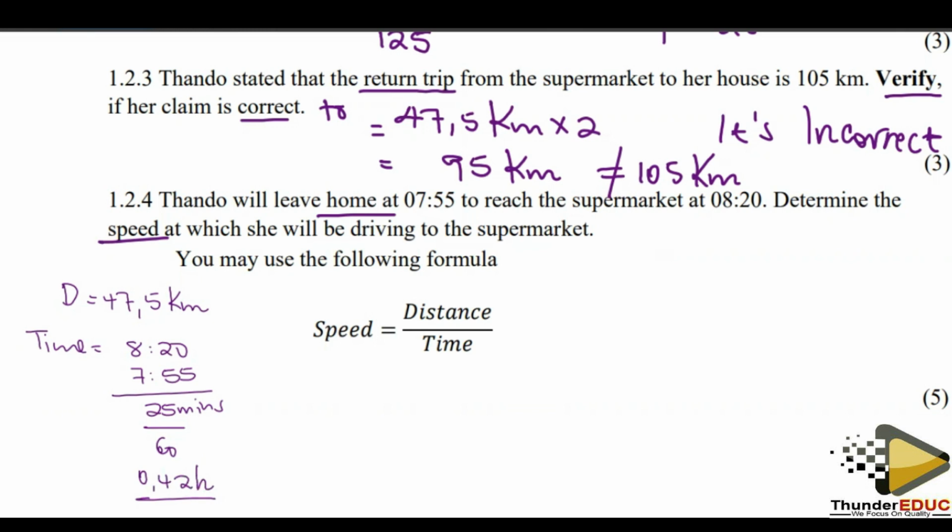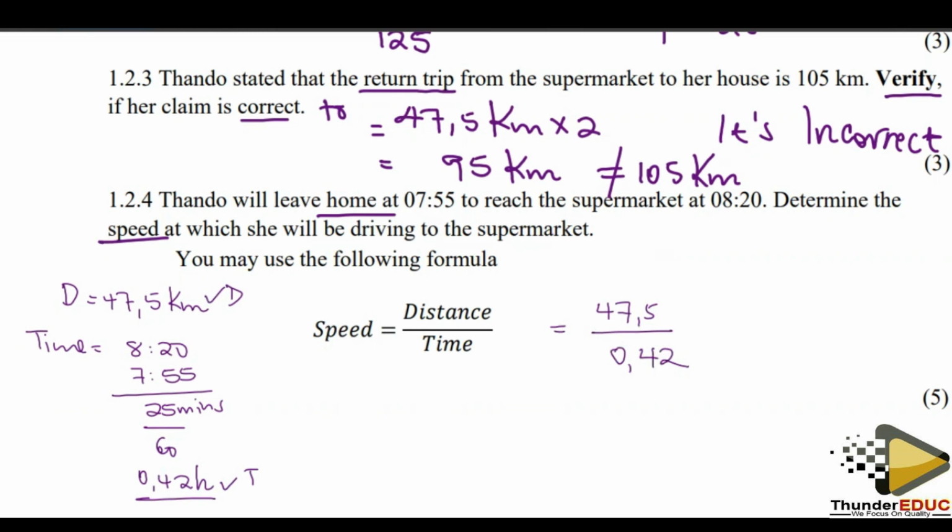So come now and substitute distance. It's this much, time it's this much. So our speed will equal 47.5, don't put the kilometers, divided by 0.42.